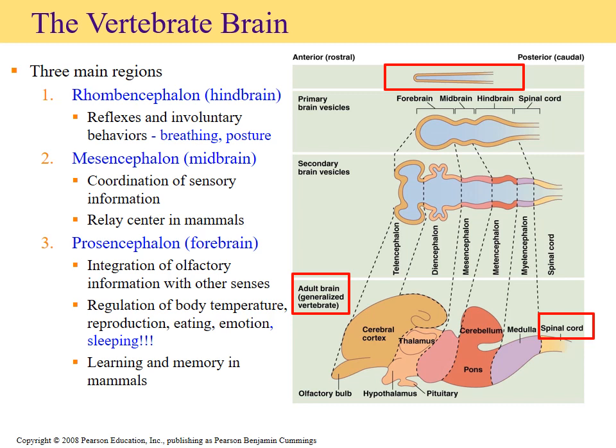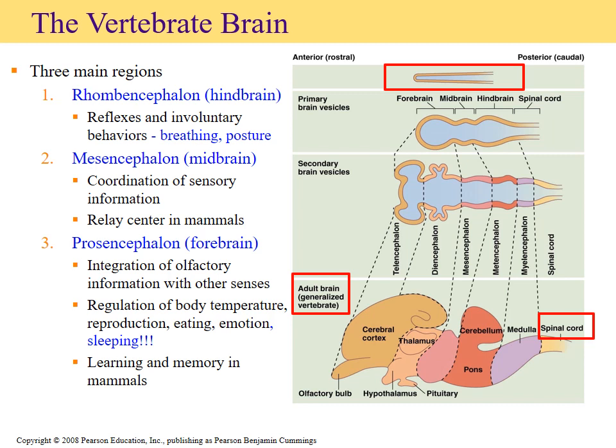Whereas the midbrain is where we take our sensory information, like our visual, auditory, and touch sensation, those different mechanoreceptors. This is the part where the sensory system will be able to coordinate that information, and it will serve almost as a relay center in mammals.